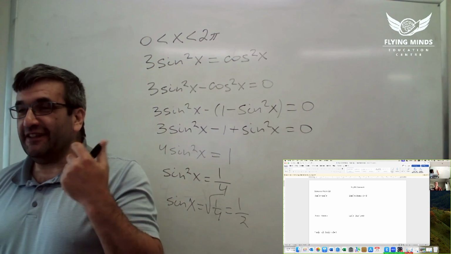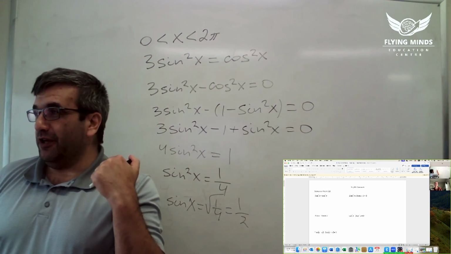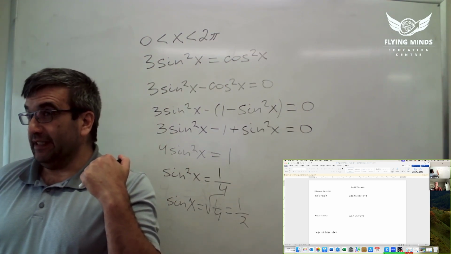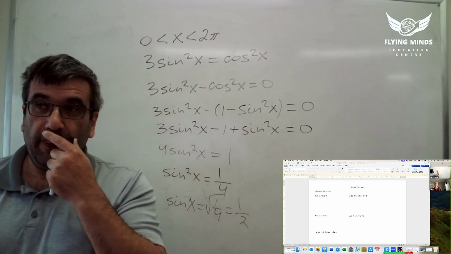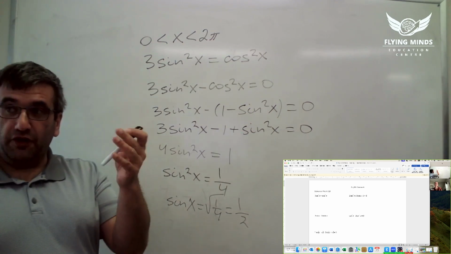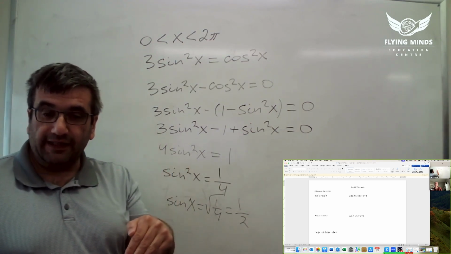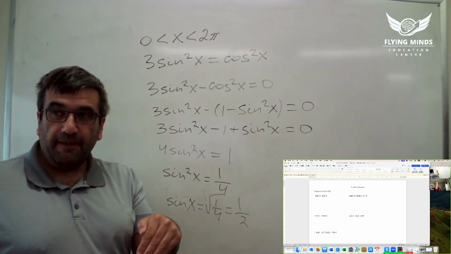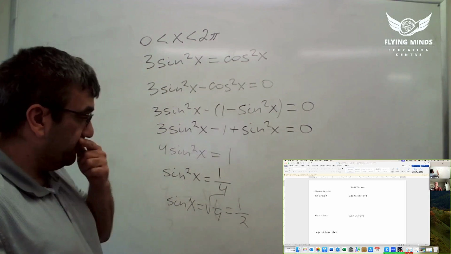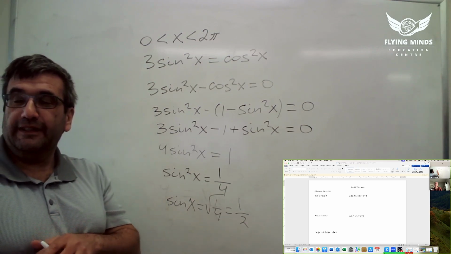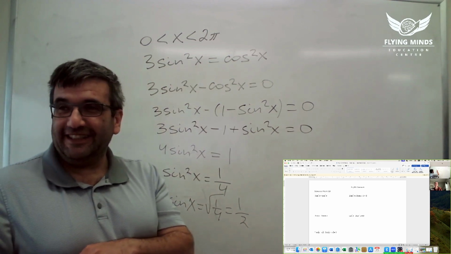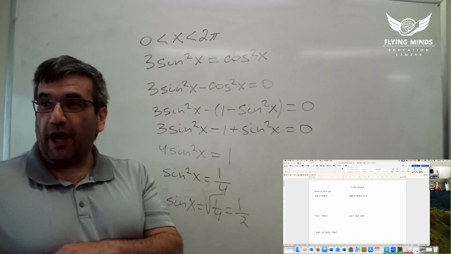So in degrees, that will be 30 degrees, right? Yes, 30 degrees. So 30 degrees in radians is pi over 6. Wait, I would do 30 divided by 180, right? Yes. So pi over 6.